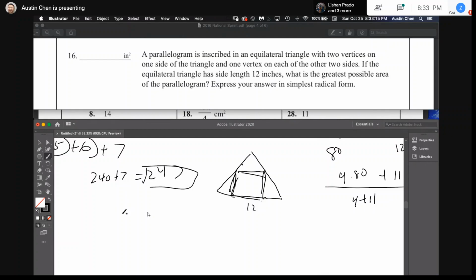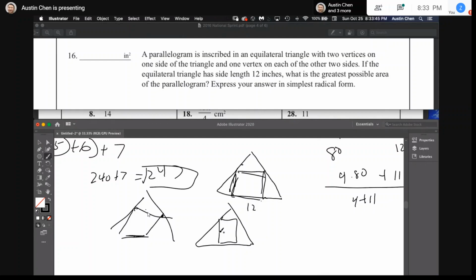If you have a slant, then this point would be higher and this point would be lower, and then these two aren't parallel anymore. So it always has to be a rectangle. So now we're just putting a rectangle into an equilateral triangle, and how big can the area of the rectangle be?